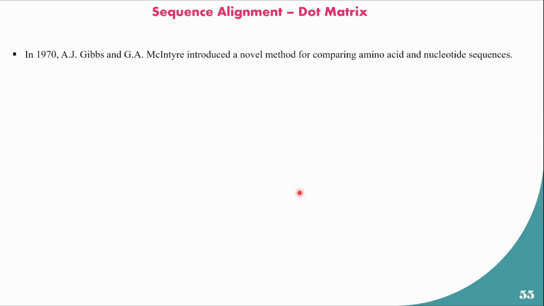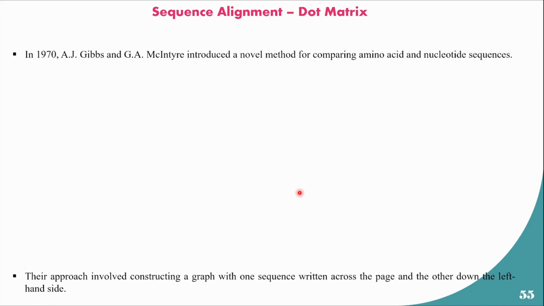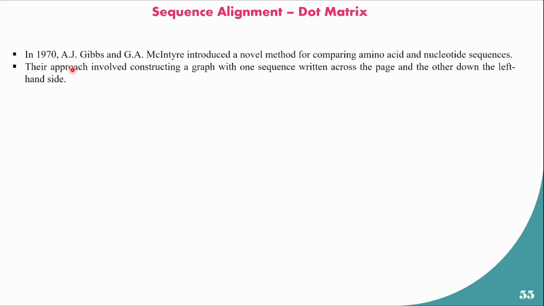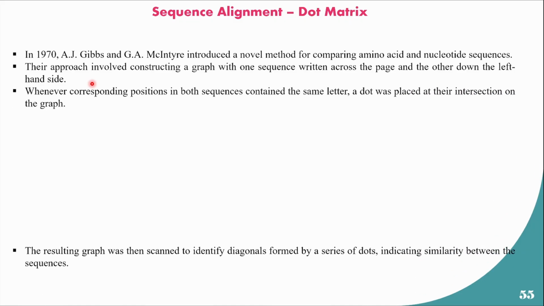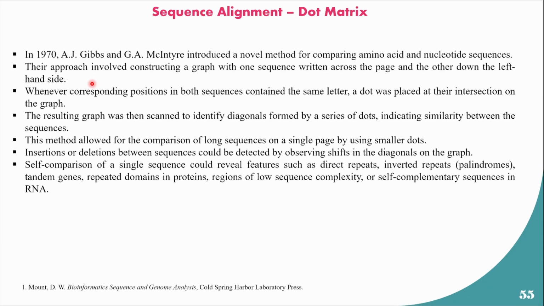So one very simple way of visualizing sequence alignment we went over was something called a dot matrix. It was introduced in 1970 as a novel method for comparing amino acid and nucleotide sequences. It is basically constructing a graph where you have two sequences written on two sides, and then you put a dot wherever you see a matching character in the form of a matrix, right?